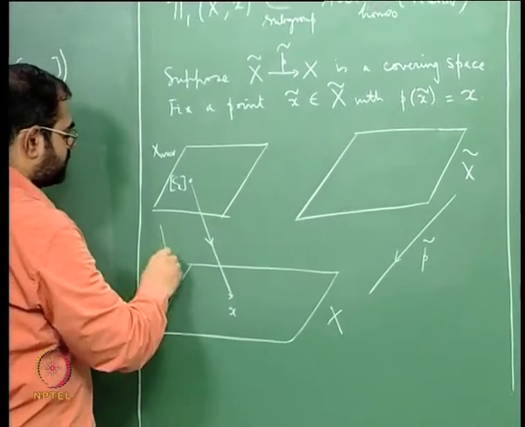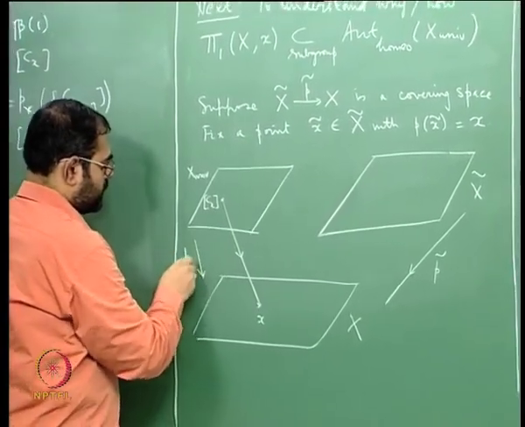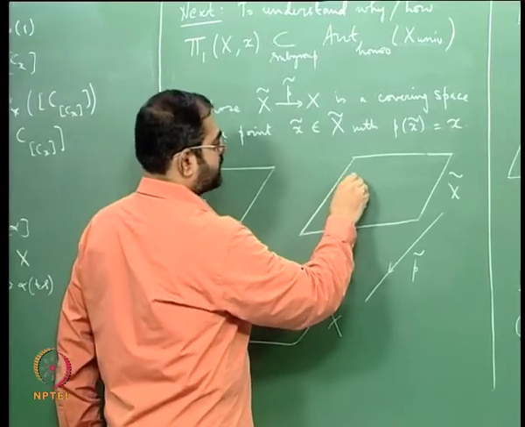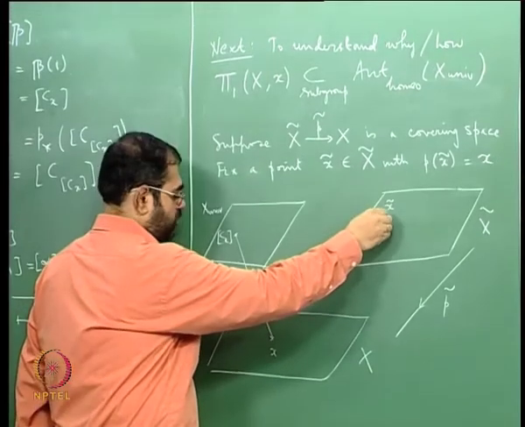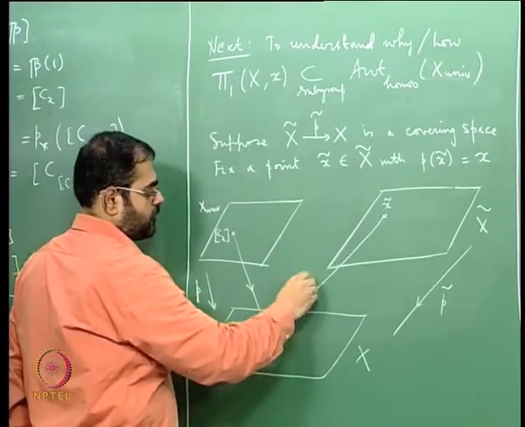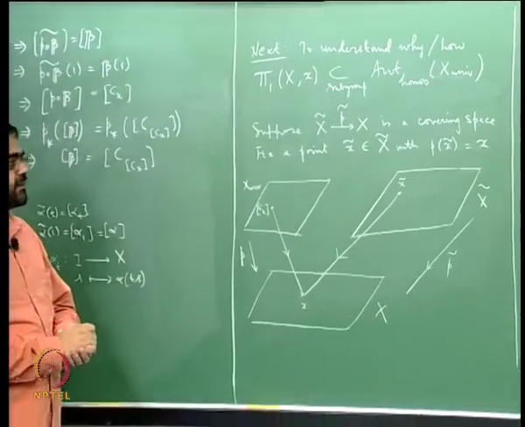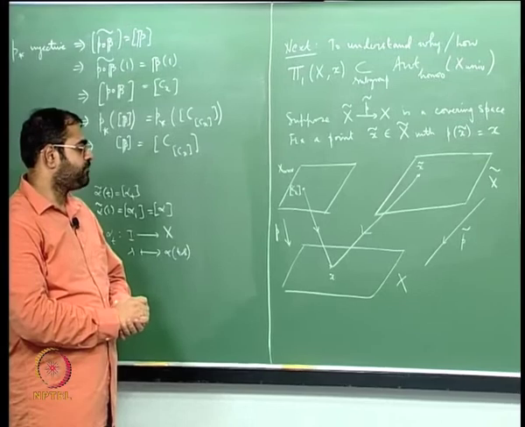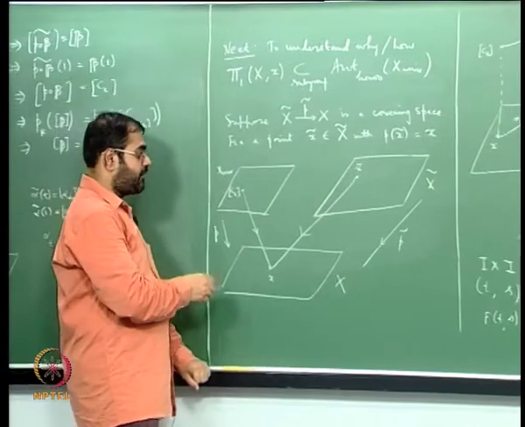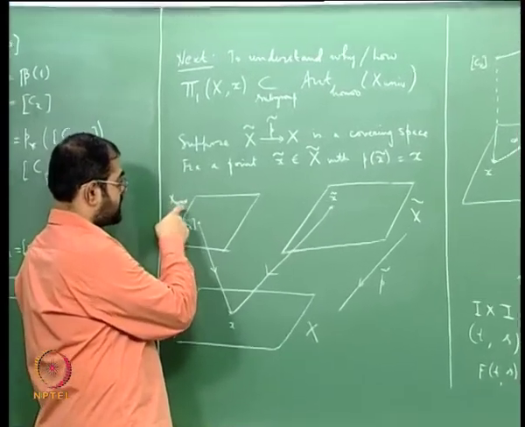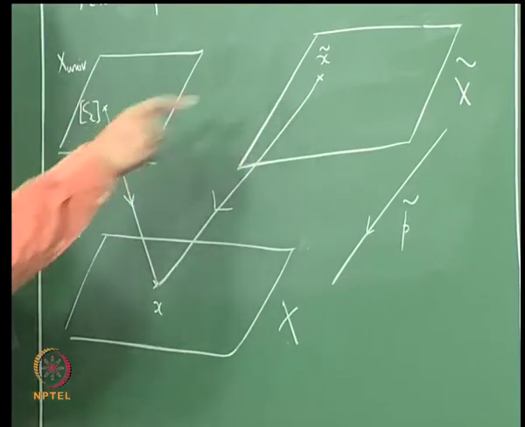So this map is p, okay, and I have a point here, namely small x tilde, which is also lying over x, okay, under the map p tilde, right. Now what I claim is that this much of data is enough to define a map from this universal covering to that covering, such that this map itself becomes a covering.